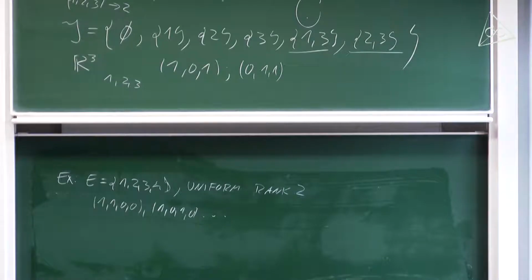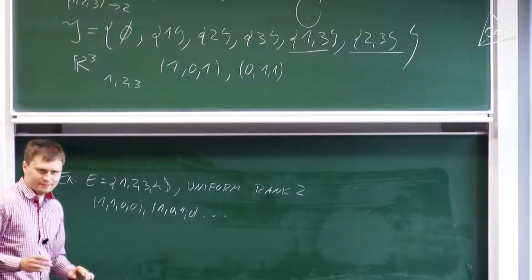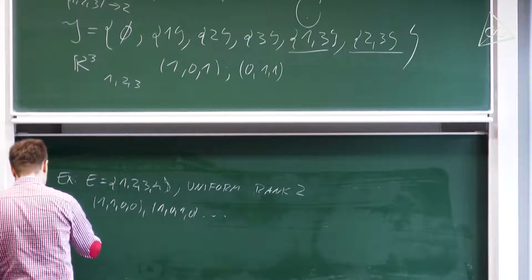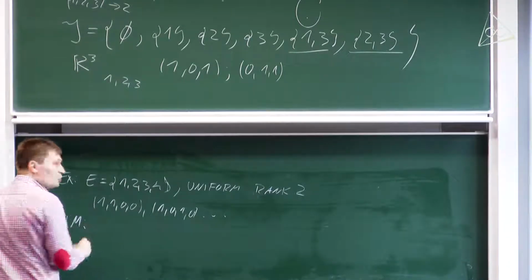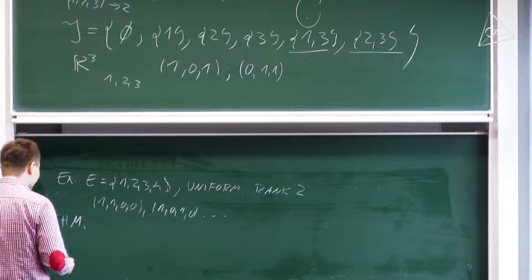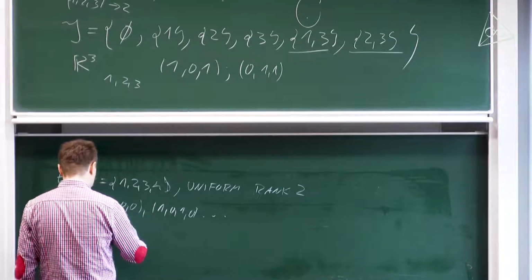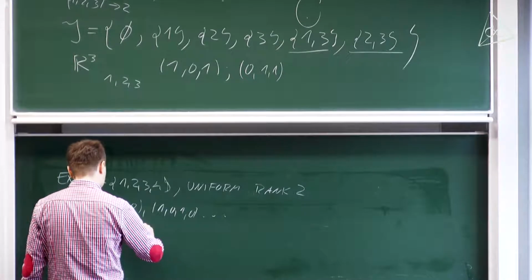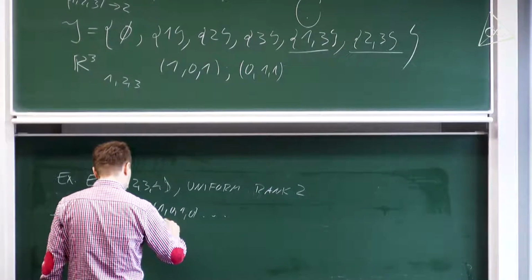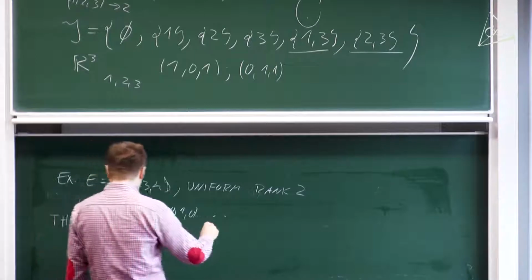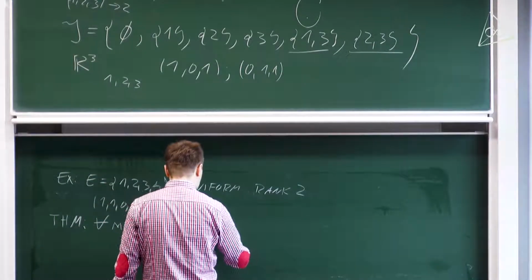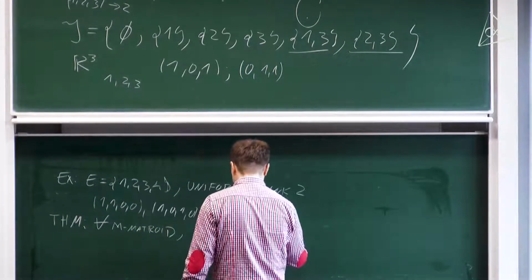So we know matroid basis polytopes. And now what I want to show you, well, I will not prove it, but you will prove it at home. A theorem is that for any matroid, the matroid basis polytope is normal.